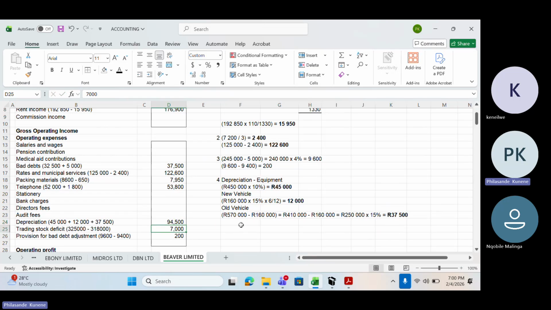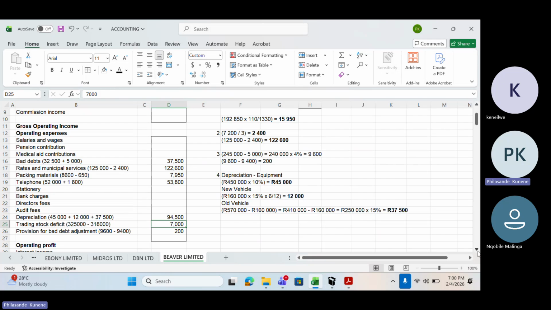This is 94,500 rands. This is how we do the depreciation. Very good on that. Smang, are you following how this is done? How was the depreciation calculated? Yes, I'm following.